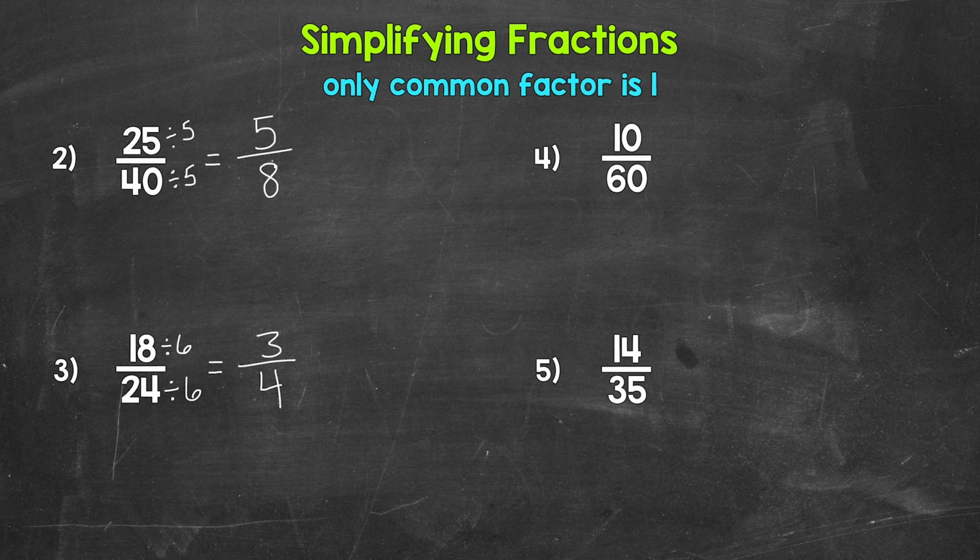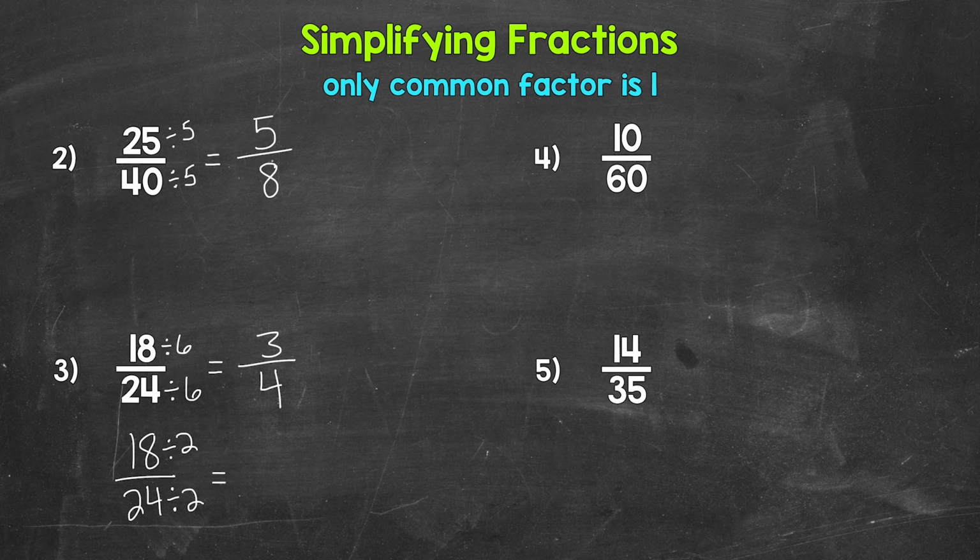The only common factor between 3 and 4 is 1, so this is now simplified. Now let's actually do number 3 again and take a different path. Let's start with the common factor of 2. So let's rewrite this and try simplifying by starting with that common factor of 2.